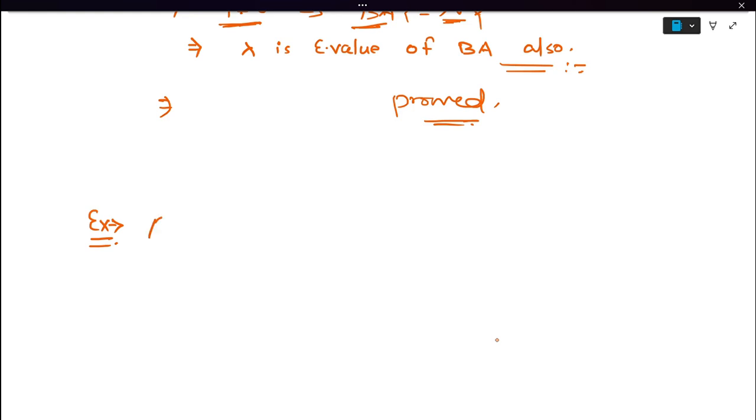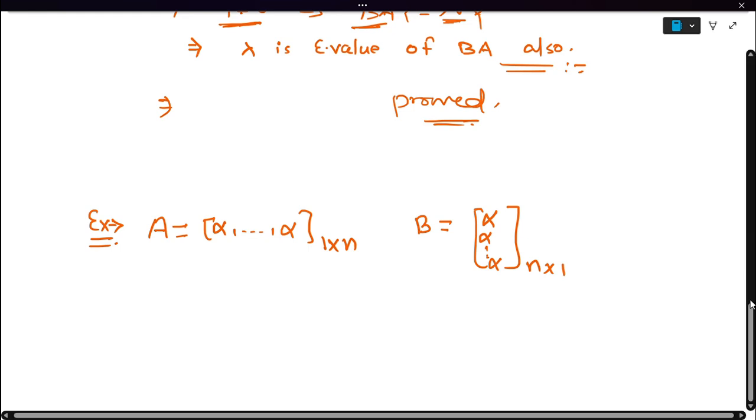Now take A to be a row matrix in which every element is alpha, with one row and n columns, and take B to be a column matrix with every element alpha, with n rows and one column, so we can multiply. AB will be of size 1 cross 1, a constant matrix.